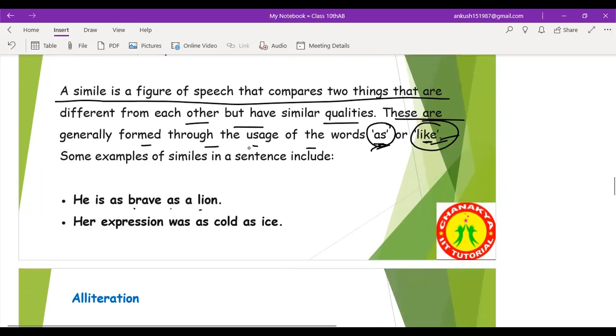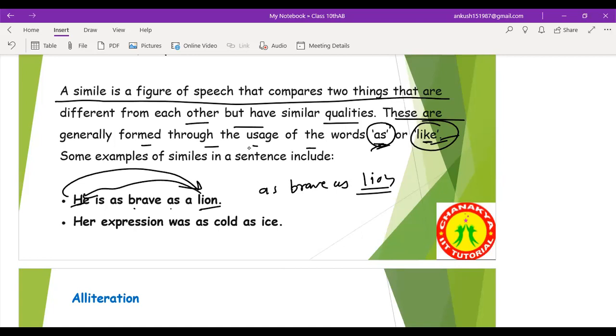He is as brave as a lion. What is written? As brave as a lion. Purely comparison is here. See, a human being cannot be a lion, but the lion's quality is compared to the human, in terms of their bravery. The lion is braver than any animal in the jungle.